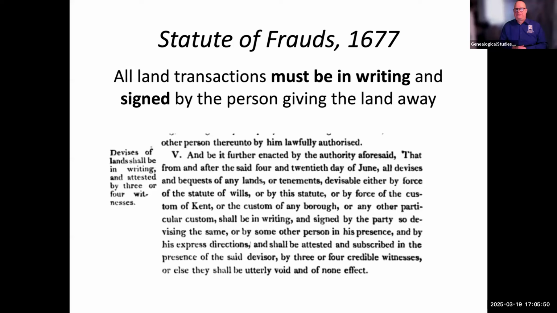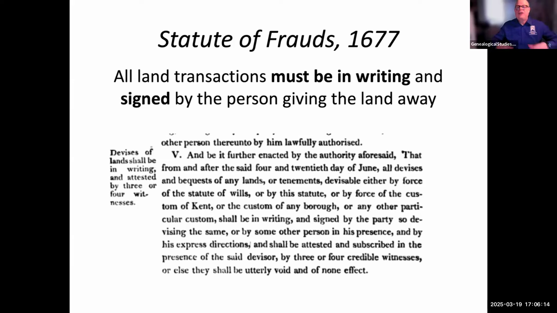So the Statute of Frauds. It's a very important thing for you to understand, not just for wills and estates research, but if you're doing land records research. That's actually the real reason I wanted to show you this law. It says that all land transactions must be in writing and signed by the person giving the land away. Now, what does that mean?